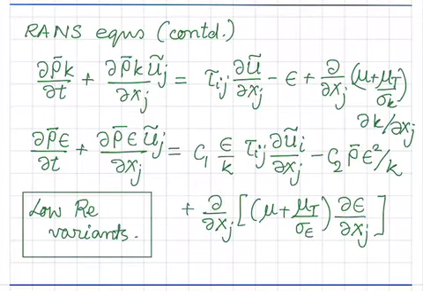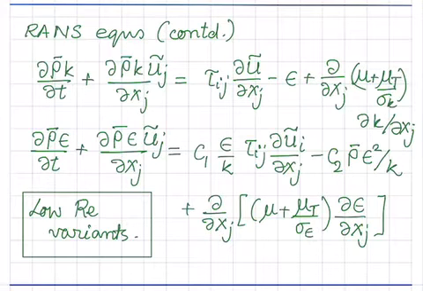It turns out the equation that I've written is valid in highly turbulent regions of the flow, but if you come very close to the wall, the viscous effects become prominent. So turbulence intensity decreases, viscous effects become large, so the Reynolds number effective in those regions is lower, and it turns out that these equations have trouble computing the flow in such near wall regions, and for those regions they have come up with low Reynolds number variants with additional terms and other parameters thrown into these model equations.